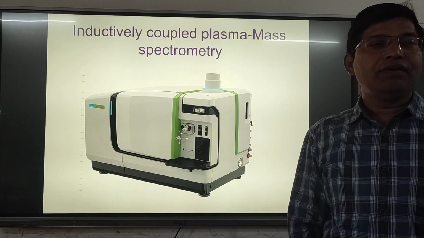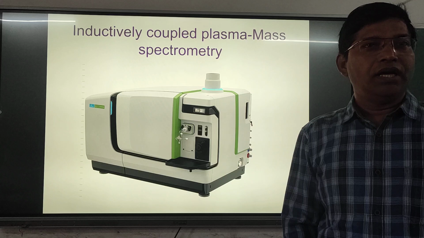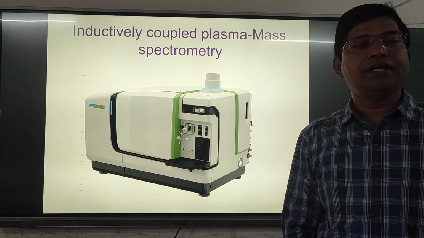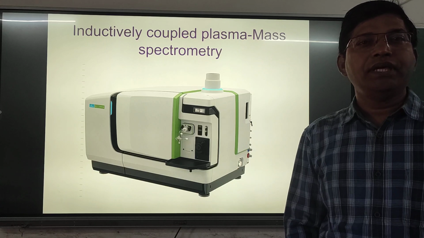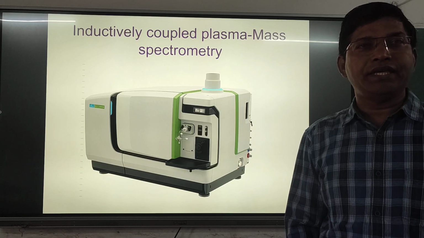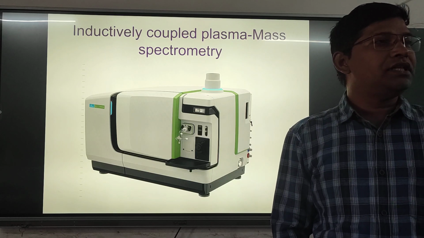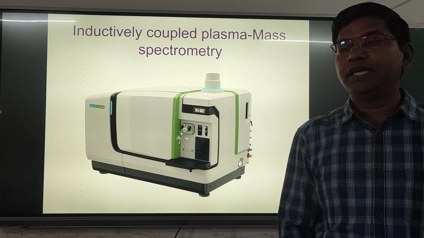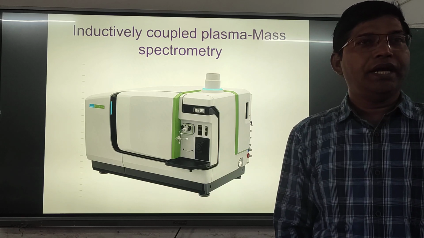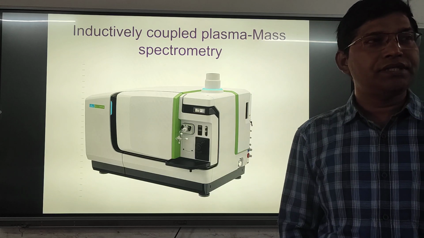And here we will see. So far, in the previous classes, we have seen flame photometry, atomic absorption spectroscopy and ICP-AES. And here we will also know what is the difference between ICP-AES and ICP-MS, and where we will use this ICP-MS.